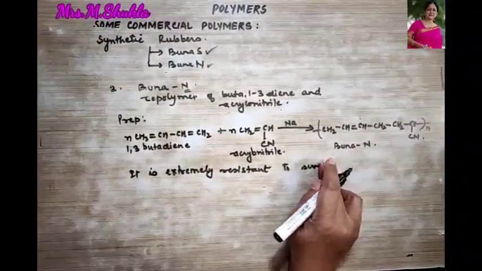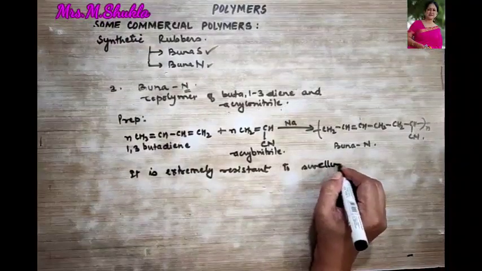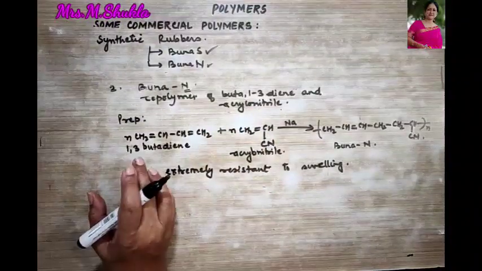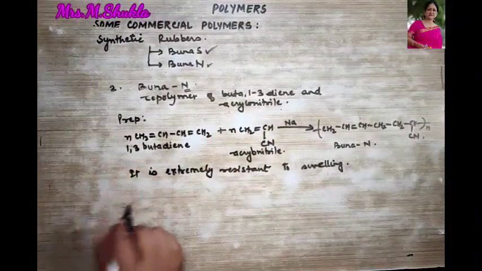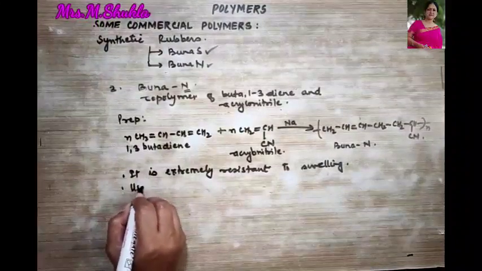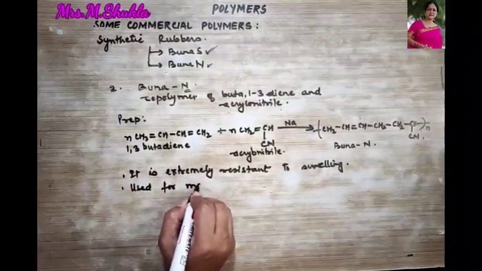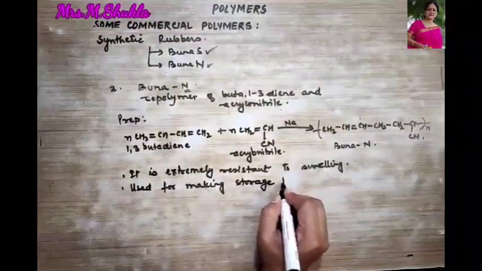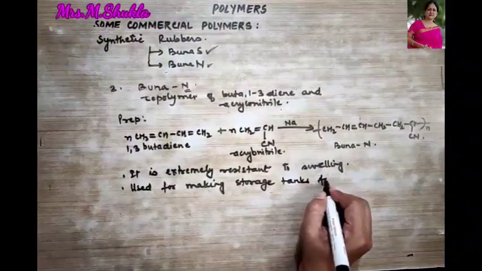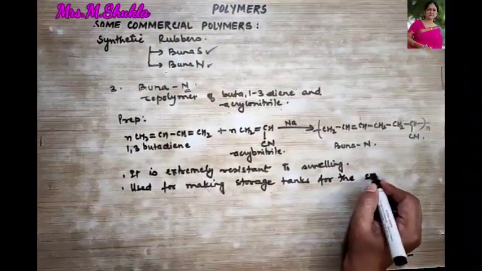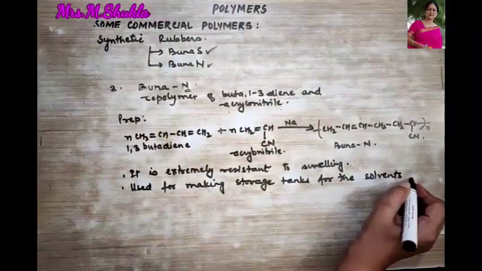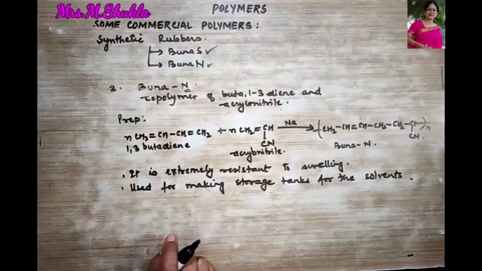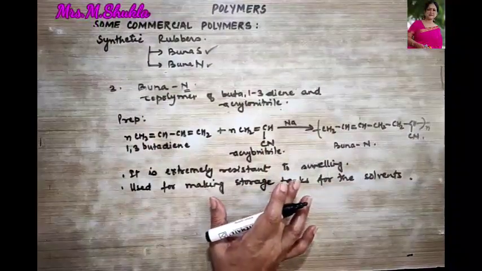Okay, it does not swell up, right? Then it is used for making storage tanks for the solvents. Clear? So these were some of the polymers that were important. So this was all about your synthetic rubber.